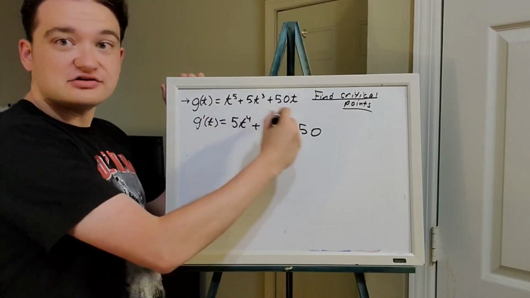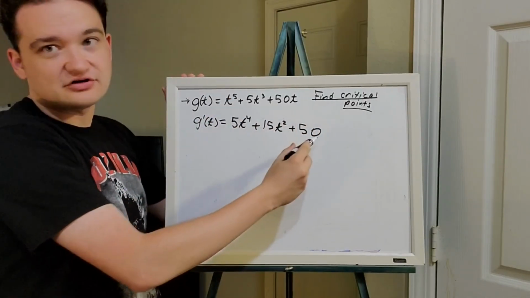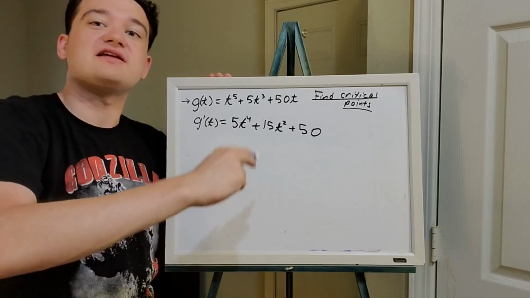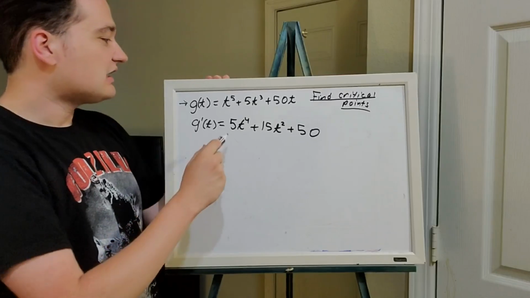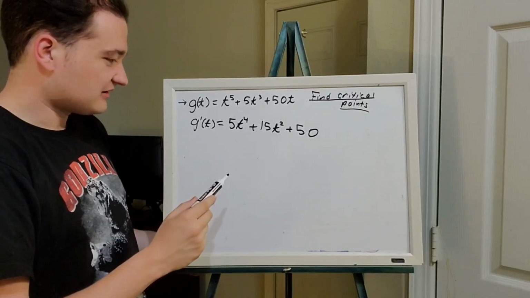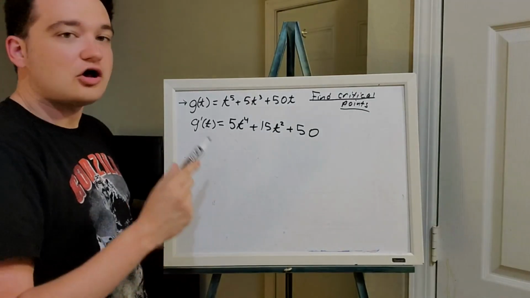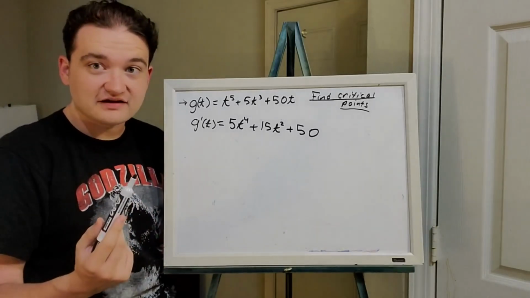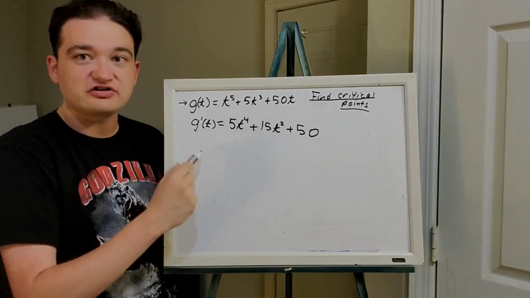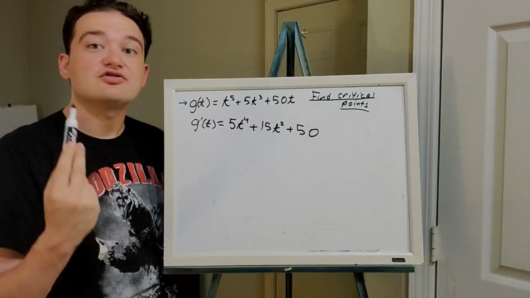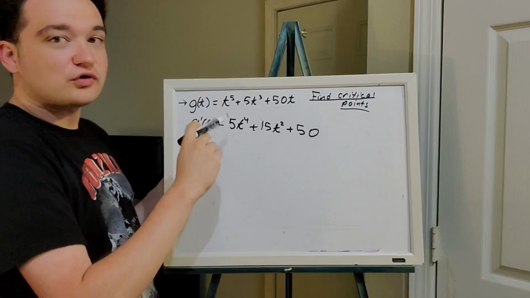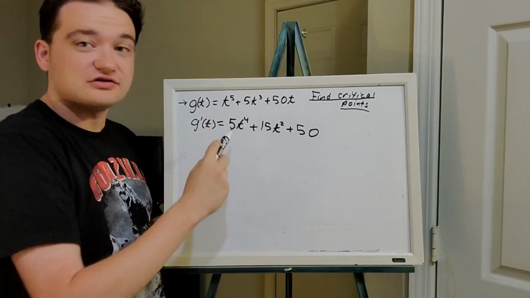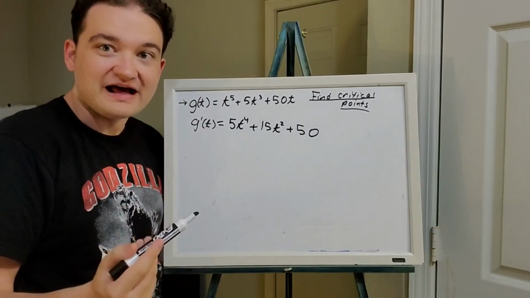Now, this is a polynomial, and polynomials are those smooth, continuous curves we think of when we think about functions. Oops, I've got to be careful I don't tilt this in the future. All we're going to do to find critical points here is set this equal to 0 and solve for t. We're not going to worry about where this is defined because polynomials are defined for all real values.